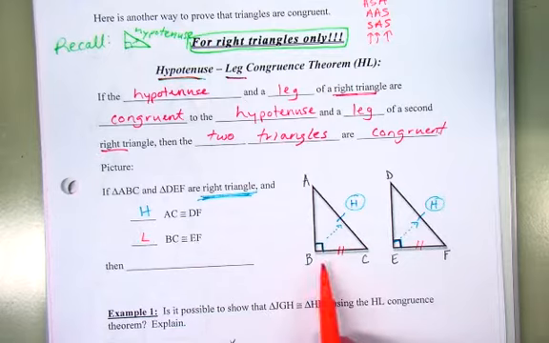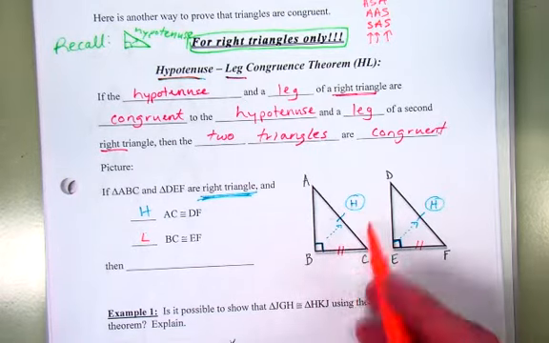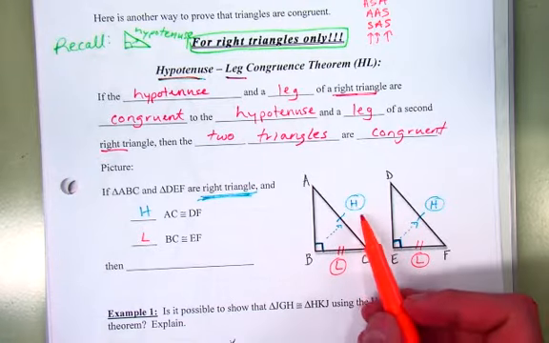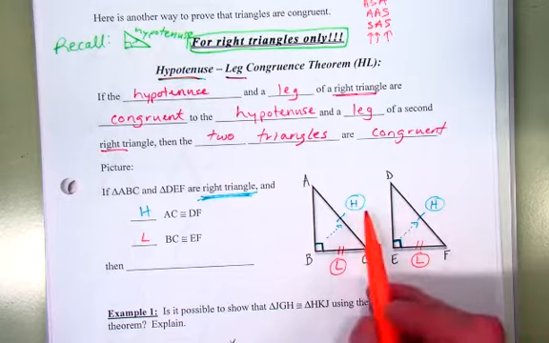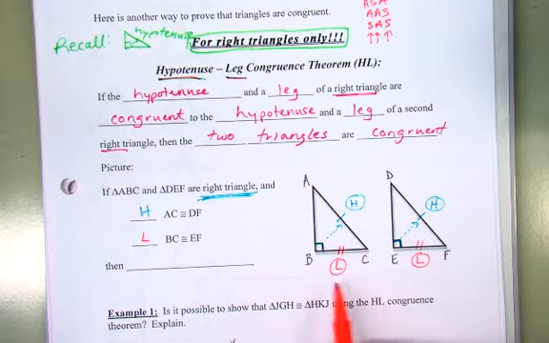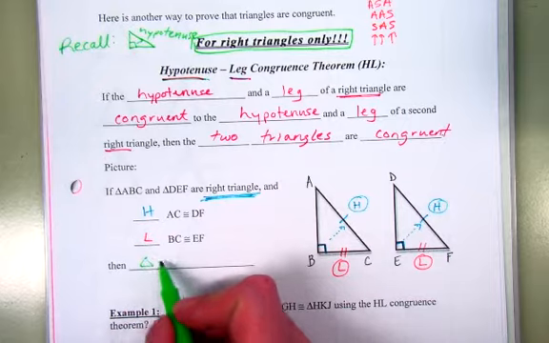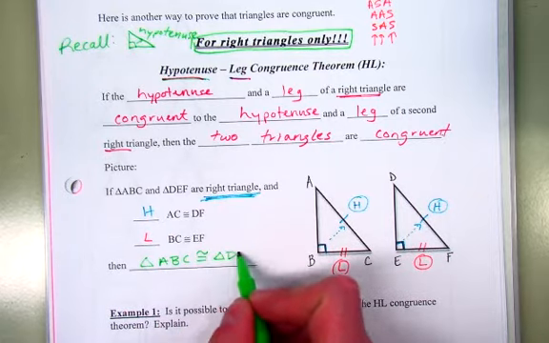Remember, these are just the legs of the right triangle. The sides that are not a hypotenuse are the legs. So since we know these hypotenuses are congruent, and these legs are congruent, then we can say triangle ABC is congruent to triangle DEF.